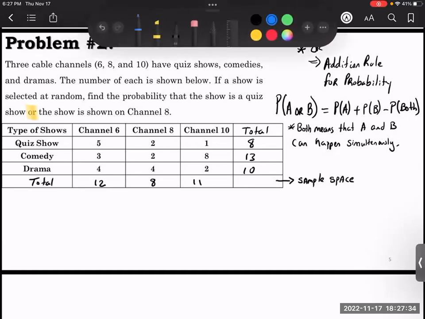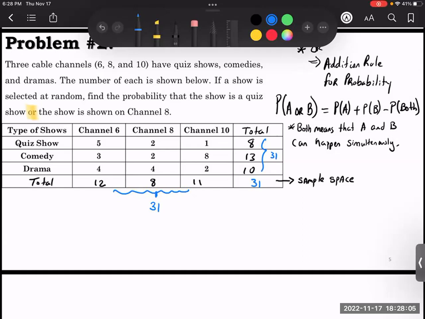So for example, 12 plus 8 plus 11 is 31. And if we do 8 plus 13 plus 10, it's still 31, right? So you only write out the number 31 once. That is your sample space. There's only a total of 31 TV shows.